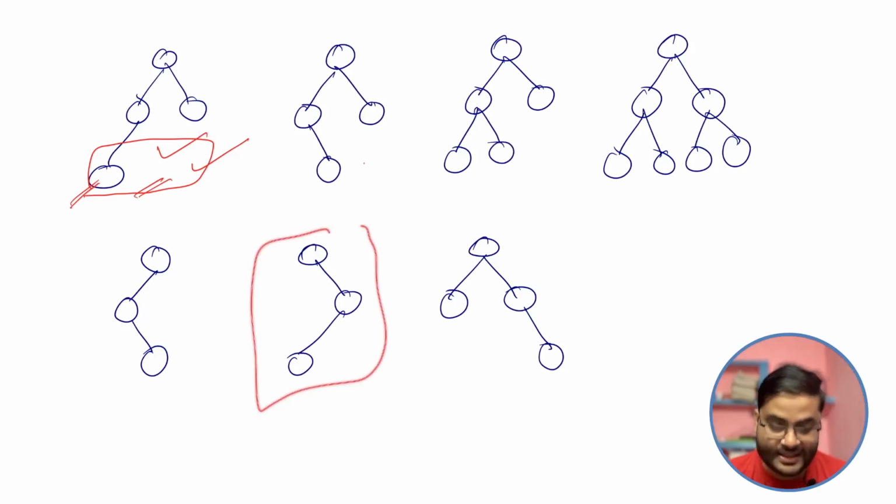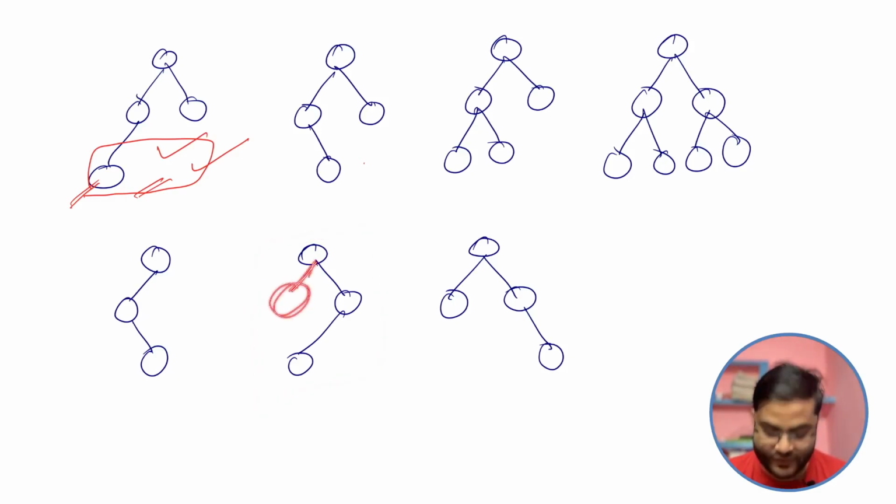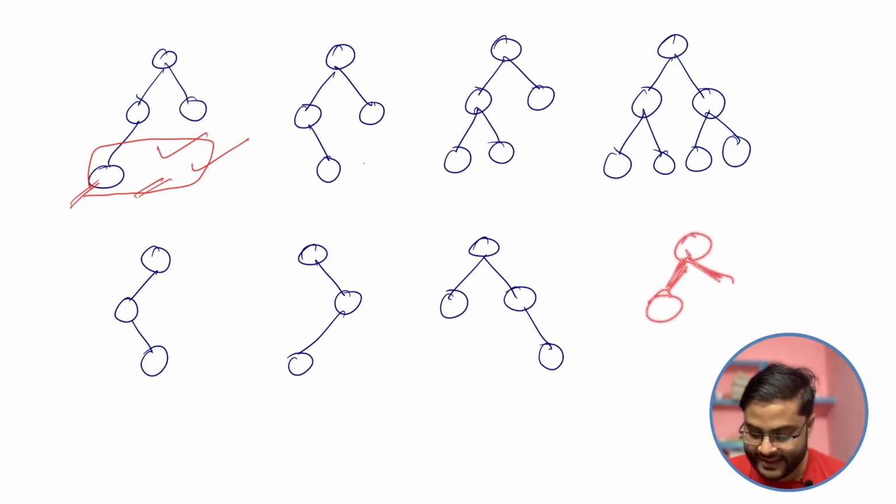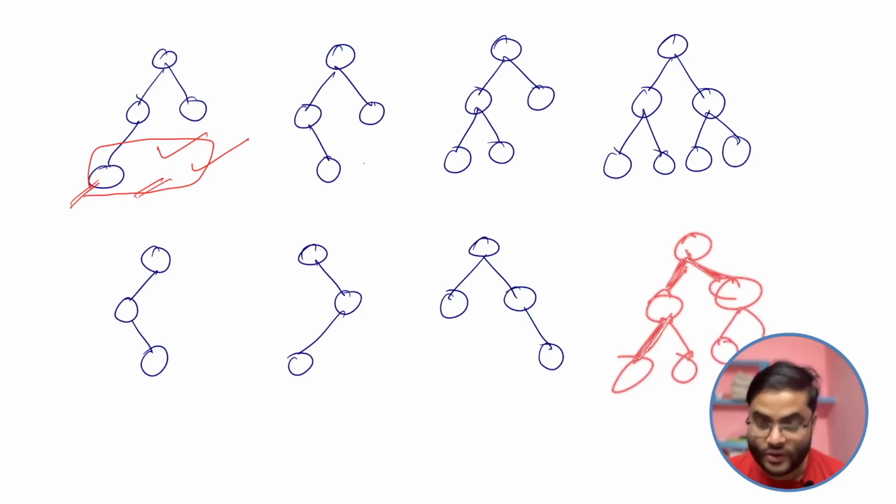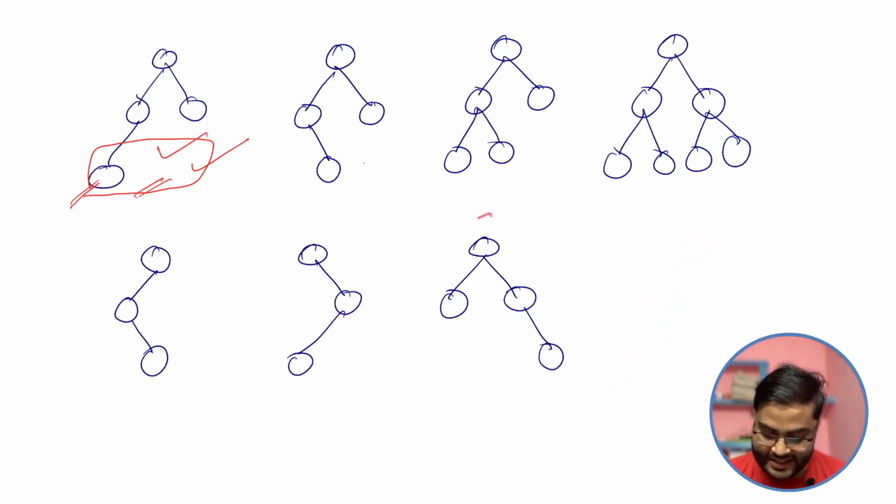Is this a complete binary tree? No. Why? Because we have not filled the left one. So the order is we will first fill the left one, then fill the right one, and then we'll go to the next level and start filling from left onwards. Okay, so is this a complete binary tree? No. Why?